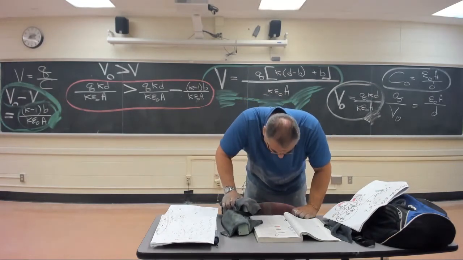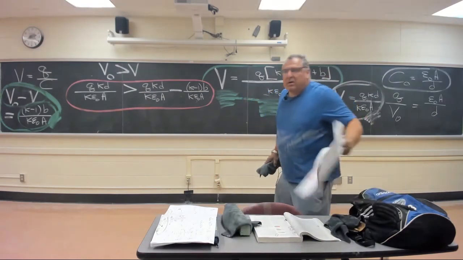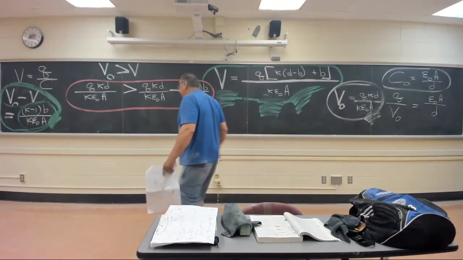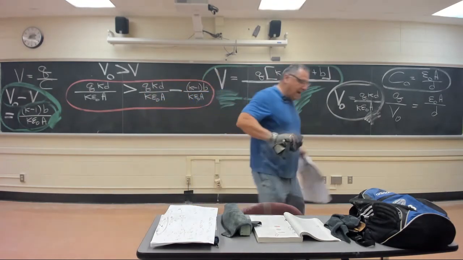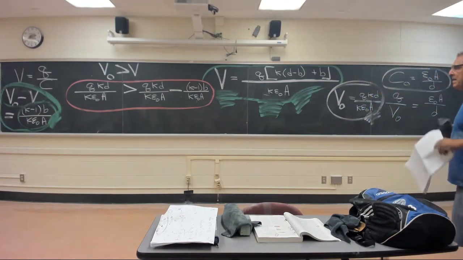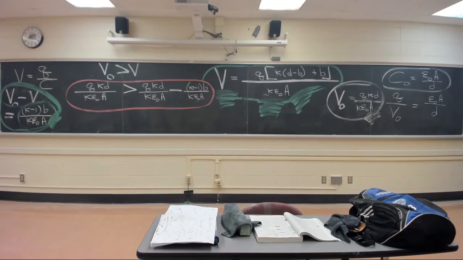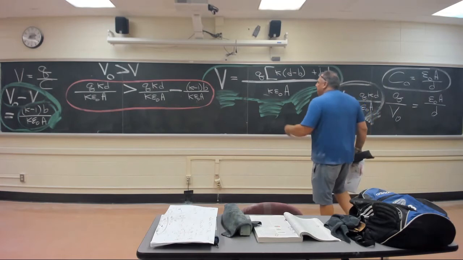How much external work is involved in inserting the slab? No external work. The system will draw the slab toward it. The slab does not have to be forced into the system. There's no external work that has to be given for this to take place.